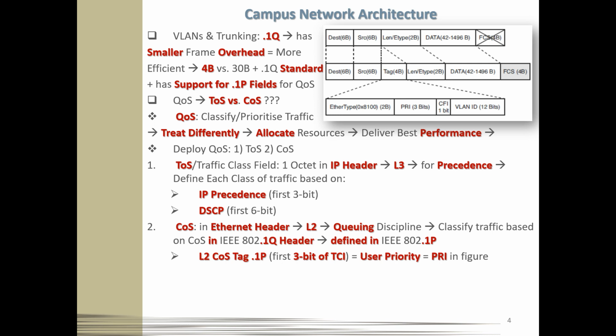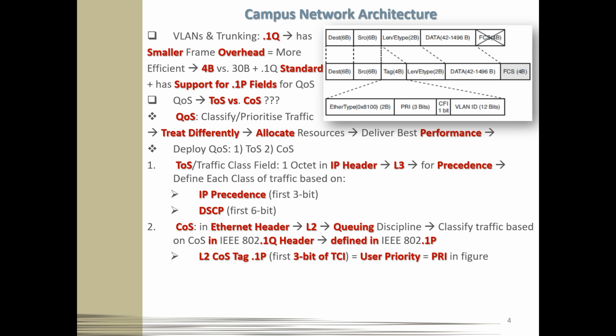Old RFCs suggest that the first 3 bits are used to define a precedence, and the higher the value, the more important the IP packet is. Newer RFCs, as we have seen, use a concept called differentiated services, DS. That's why the TOS byte is sometimes given a new name in the new RFCs.